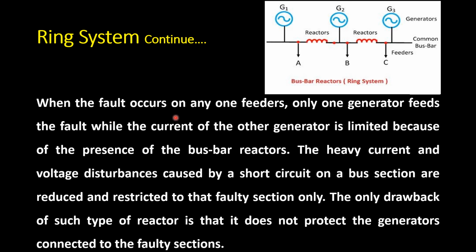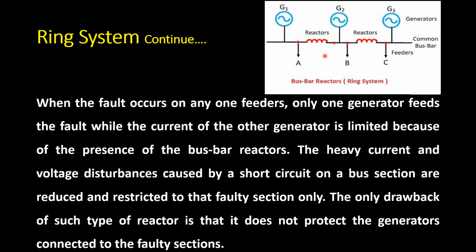When the fault occurs on any one feeder, only one generator feeds the fault while the current of the other generator is limited because of the presence of the bus bar reactor. The heavy current and voltage disturbance caused by a short circuit on a bus section are reduced and restricted to that faulty section only.